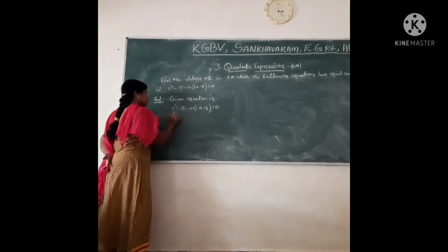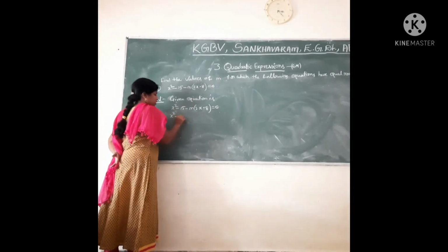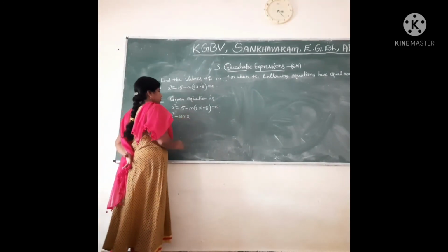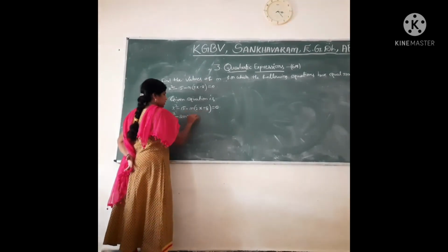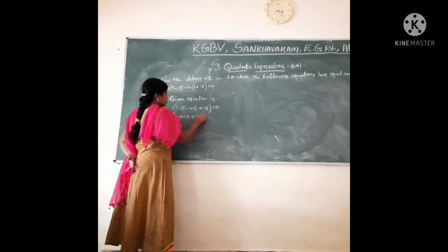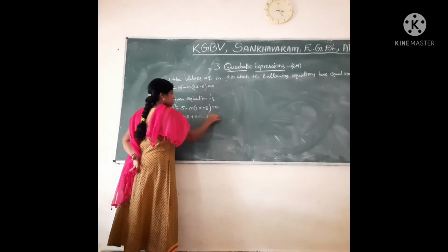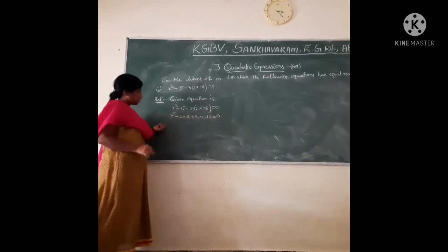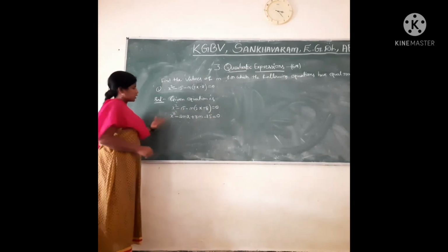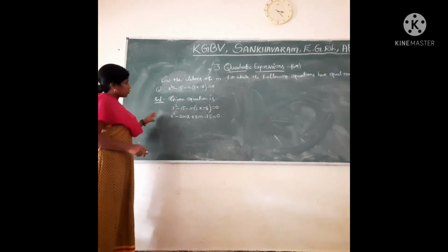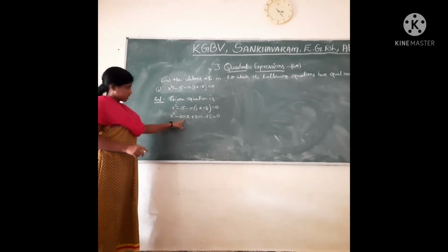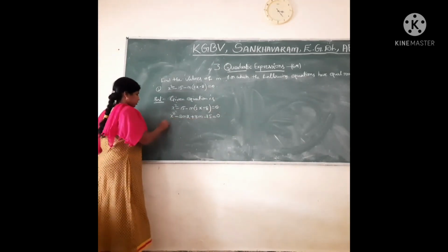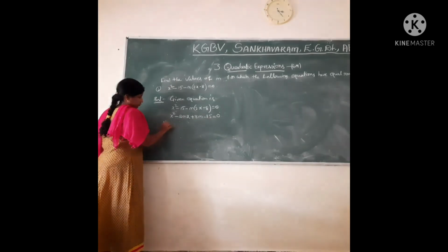So x square minus 2mx, and minus into minus is plus, 8m minus 15 is equal to 0. Okay, now this is the quadratic expression. Now compare it with the quadratic equation ax square plus bx plus c.